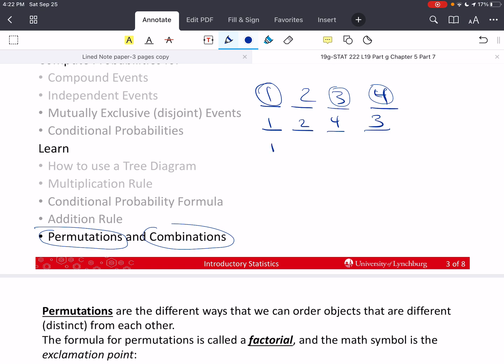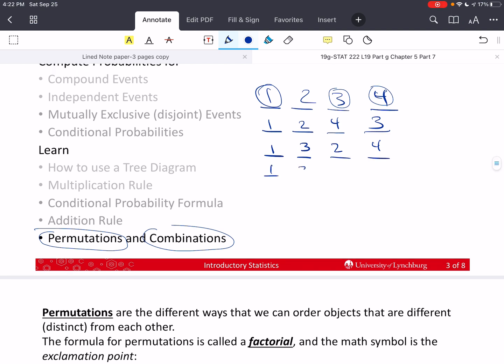I can still keep 1 the same, but now I'm going to put 3 here. So I'm going up 1. And then I can put 2 and 4. Now I'm going to keep 1 and 3 the same, and I'm going to switch these 2, so I have 4 and 2. That's all I can do with 3.